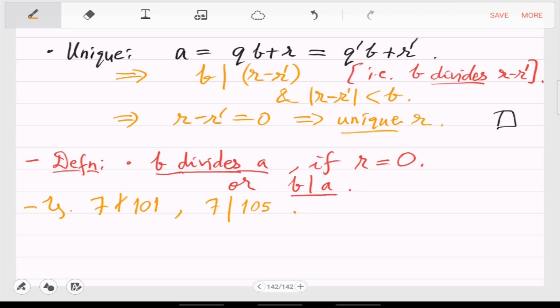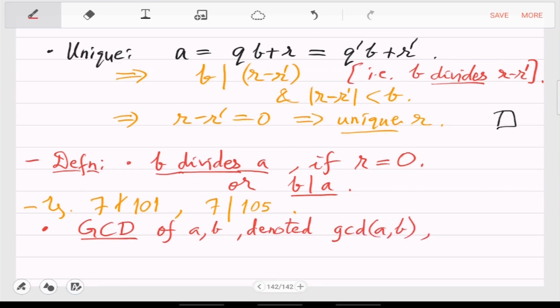And based on division, what you can define is greatest common divisor. So GCD of A comma B is written like this, where usually we will skip the GCD keyword and just write brackets.